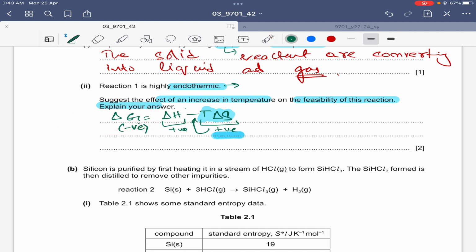Right, so on increasing the temperature, we have to suggest the effect of increasing the temperature on the feasibility of reaction. So we can say that the feasibility of reaction will increase, or the reaction gets more feasible.